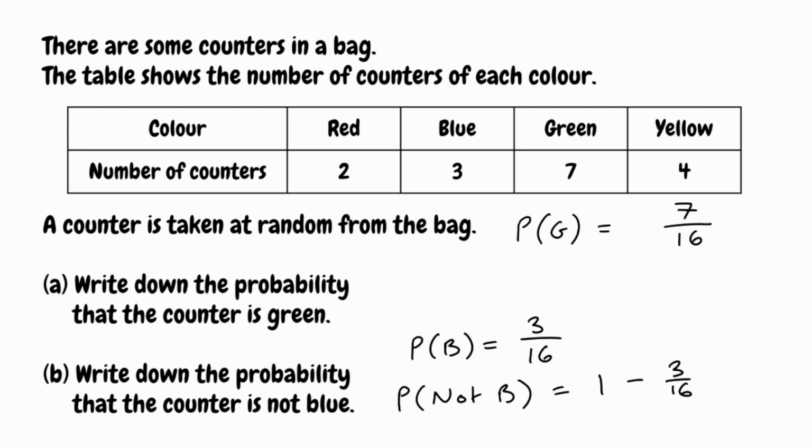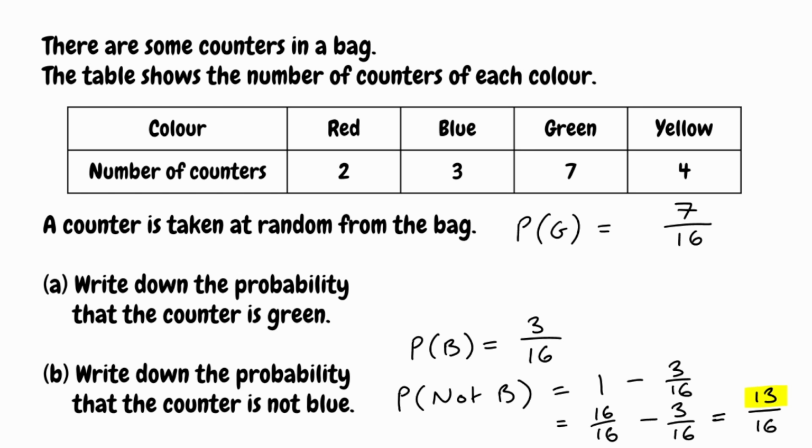Well, we want a common denominator, so we can express 1 as 16/16, take away 3/16. So if we do that, the denominator is going to remain the same as 16. So we're then going to do 16 take away 3, which leaves us with 13. So we can see here our probability of the counter not being blue is 13/16.